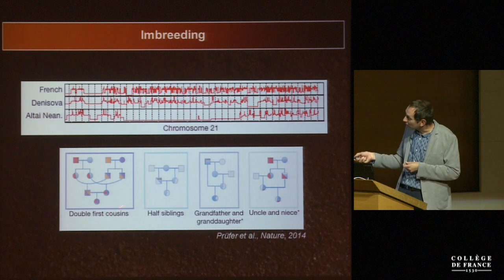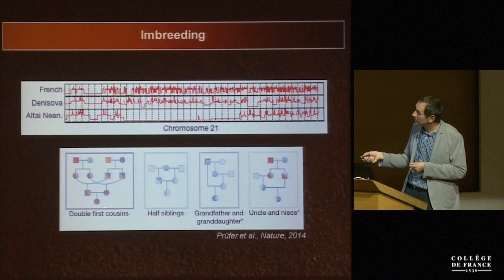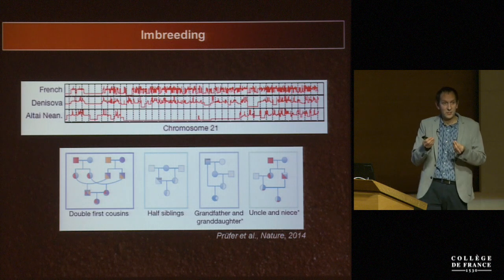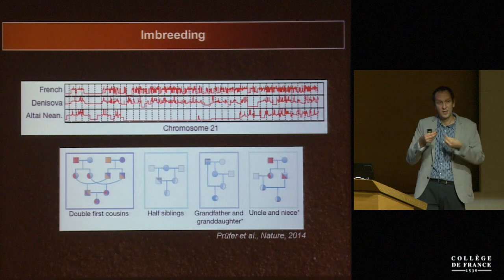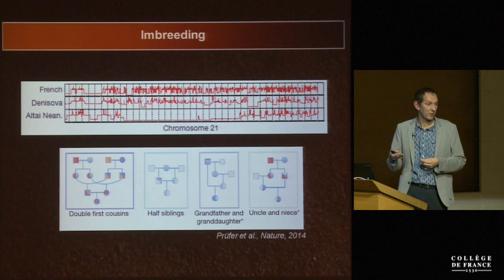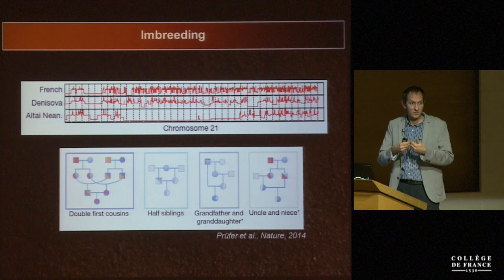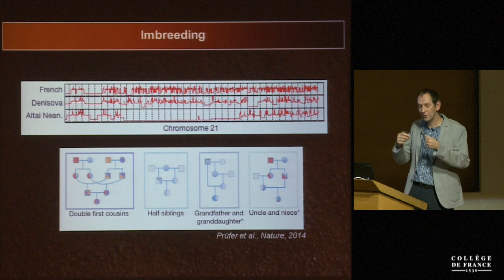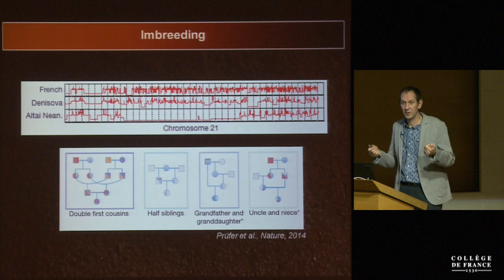And you can even compute this degree of relatedness, and you can see that the parents were either half-siblings, or grandfather and granddaughter, or uncle and niece, or something really complicated like double first cousins. So you can actually start to pick up the relatedness of the parents in your data. Still, this is not enough to explain the low genetic diversity in this individual. The genetic diversity remains very low even if you account for the fact that the parents were related.